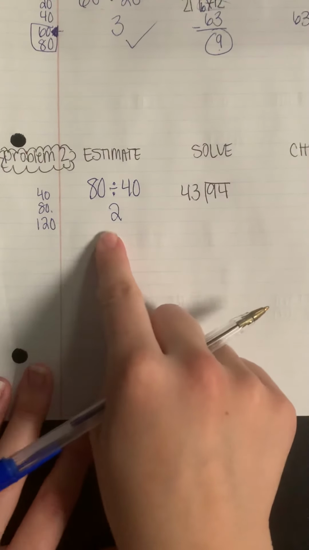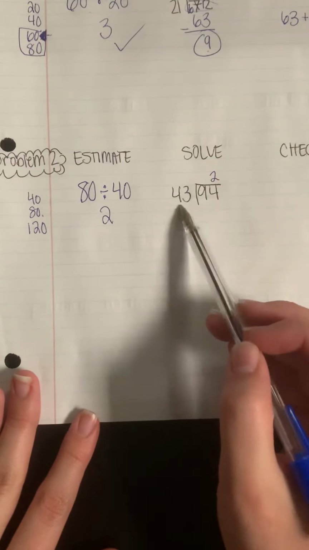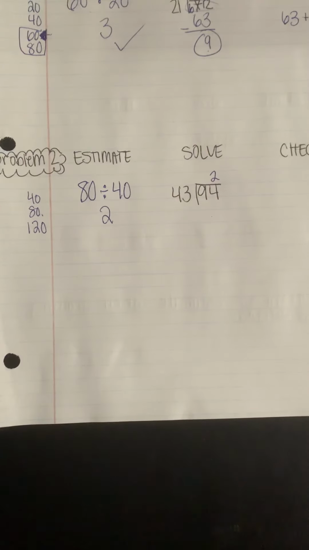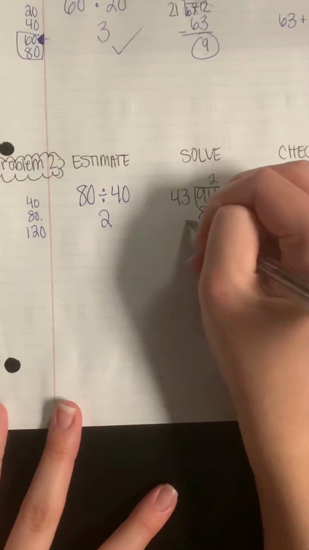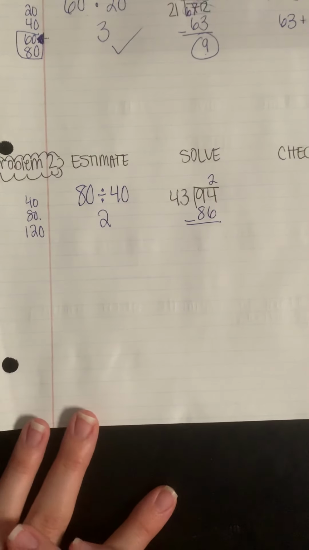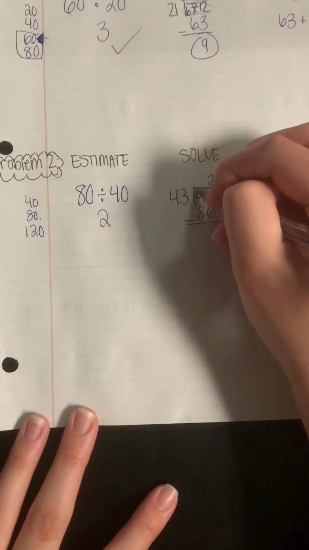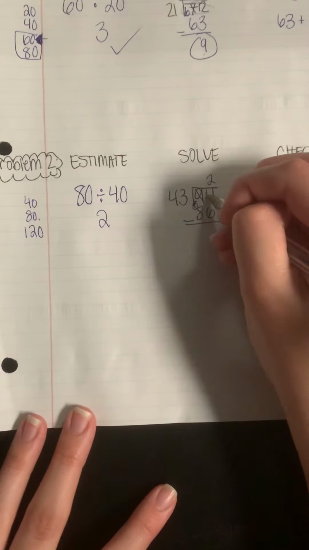And we're going to take that 2 and plug it in over here in the ones place. 43 times 2 is what we're subtracting now because we're in the solve step. We're actually solving. And 43 times 2 is 86. So that's what we subtract. We will have to borrow because I can't do 4 minus 6. I have to borrow from this 9, so my 9 becomes an 8, and my 4 becomes 14.